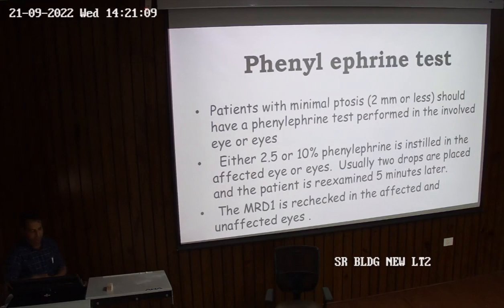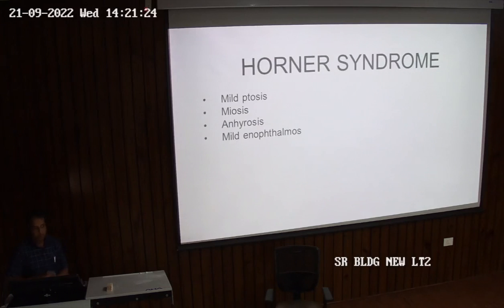MRD1, meaning marginal reflex distance, is rechecked in the affected and unaffected eye. If there is a difference of more than 1.5 to 2 millimeters, the test is positive. Other features of Horner syndrome are mild ptosis, miosis, anhidrosis, ipsilateral loss of sweating, and mild anophthalmos.